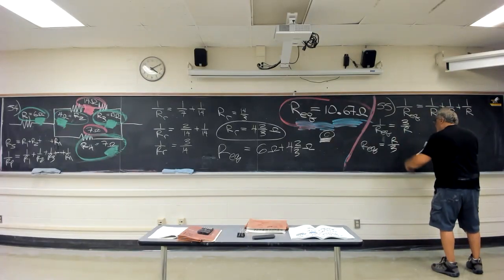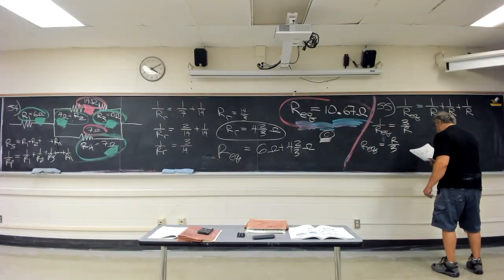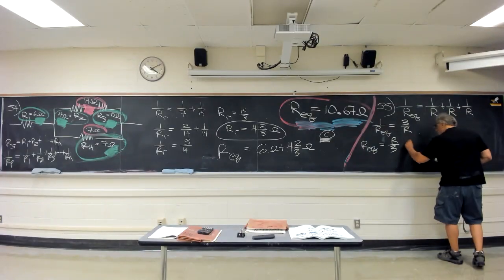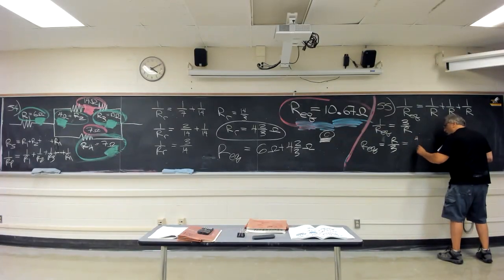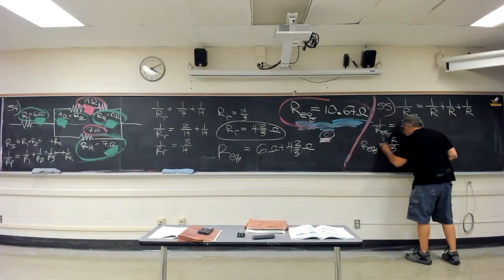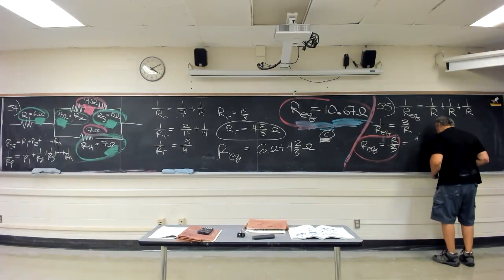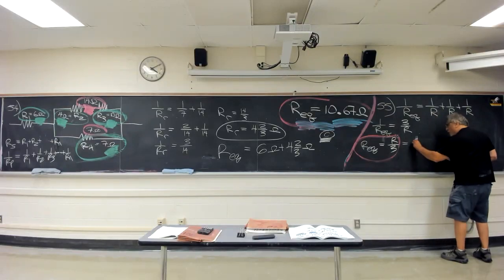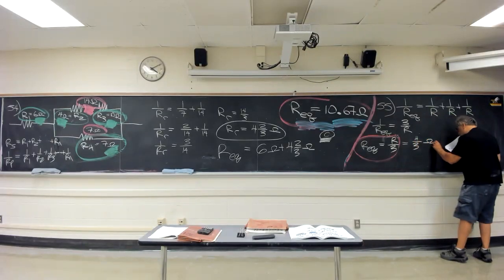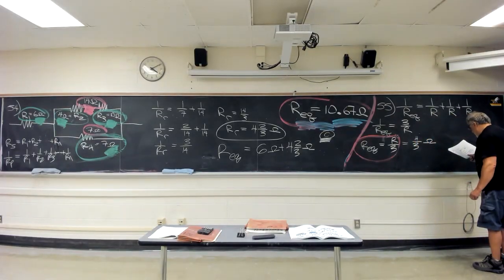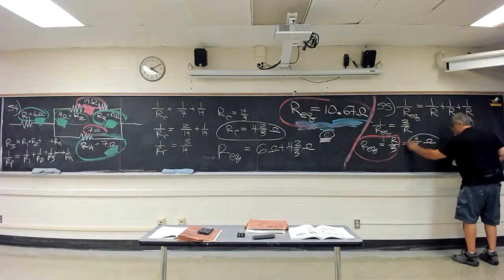Now, what is this guy right here? Didn't we say that R was equal to 4? Now we have to put it in there and figure out what's going on. If R is 4, we get 4/3 ohms. That is equal to the equivalent resistance.